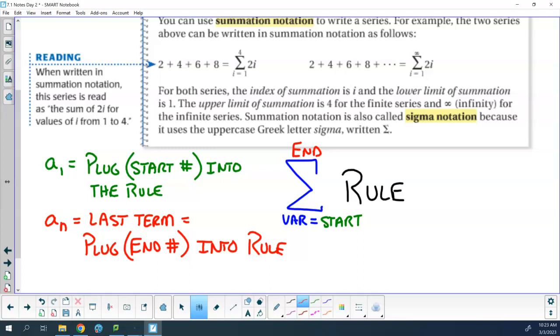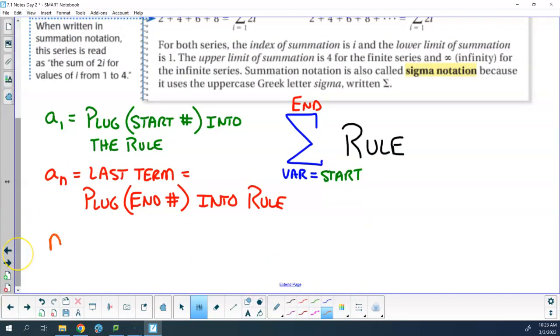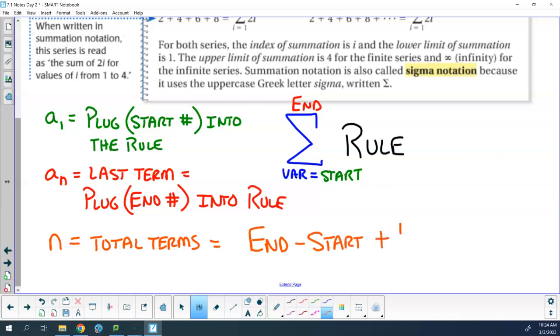You're going to plug the end number into your rule to get the last term. Now, the other piece of data that you need from all of this is the total number of terms. And that's going to be n. And that's going to be your end minus your start plus 1. End minus start plus 1.